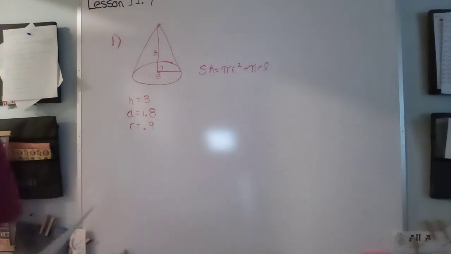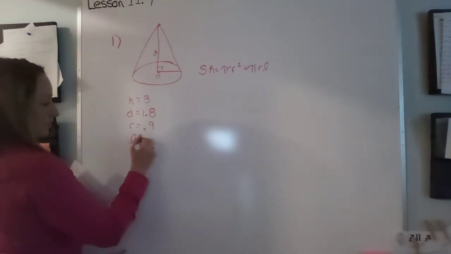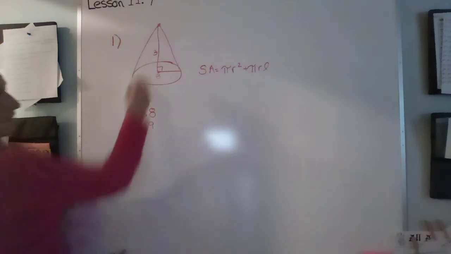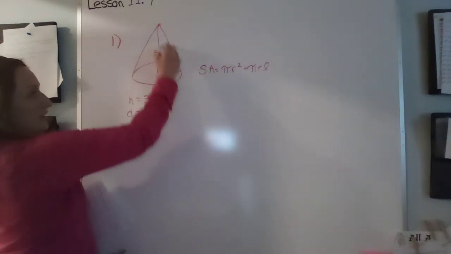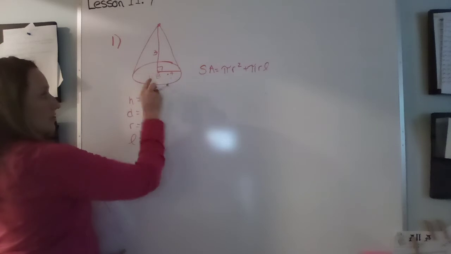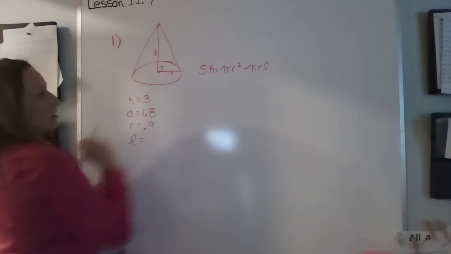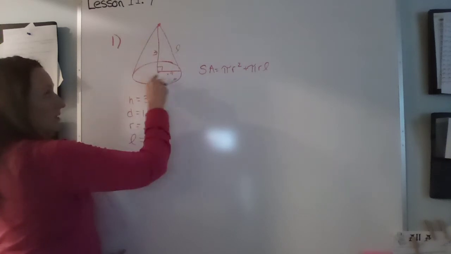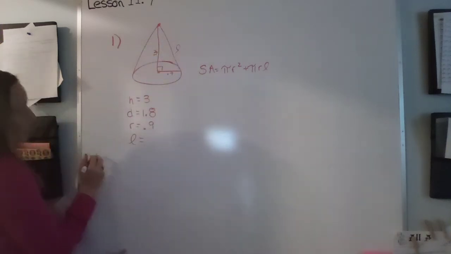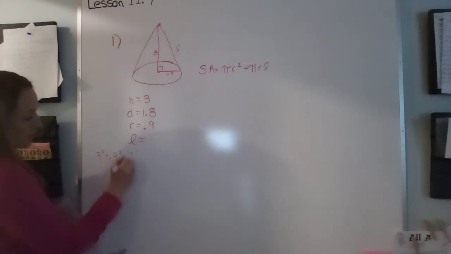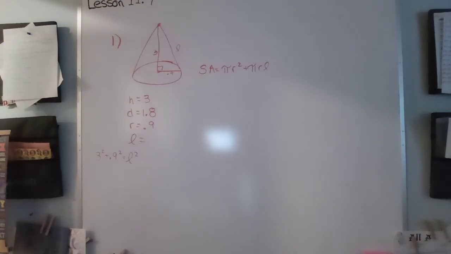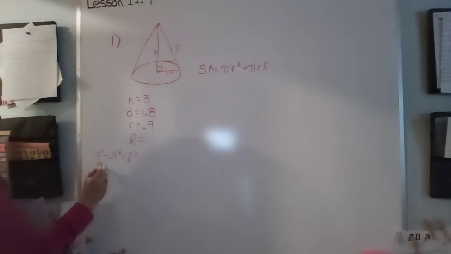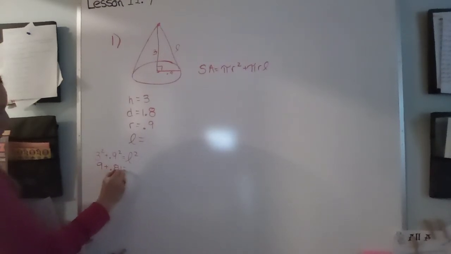The last thing we have to figure out is the slant height, which is not given this time. Does everyone see this right triangle right here? I can label this 0.9 now, since I know it's 0.9, and get rid of that 1.8. We can use the Pythagorean theorem to solve for the slant height. It's 3 squared plus 0.9 squared equals L squared, so 9 plus 0.81 equals L squared.